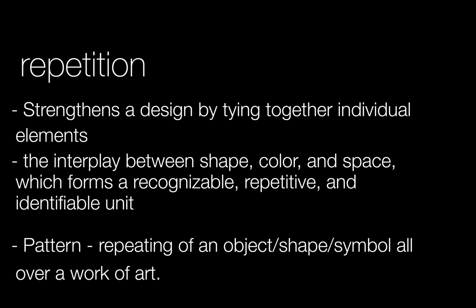So this can be in shape or color. Perhaps you have apples in all of your stuff. I don't know. But something that we can see that is repeating itself. And that can also, of course, create a pattern, which is the repetition of an object or a shape all over a design.